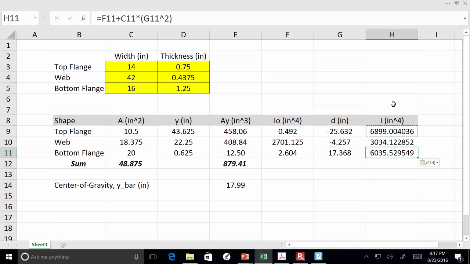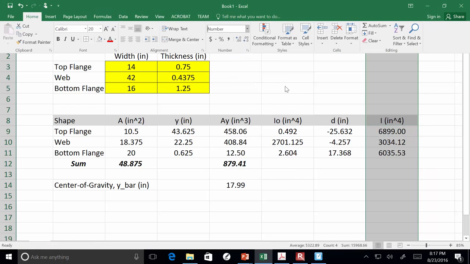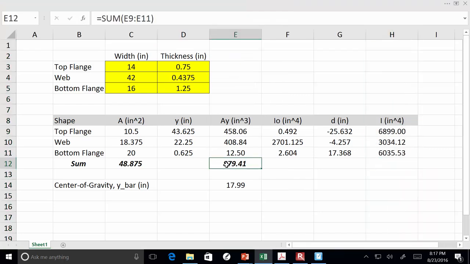Copy that down and round that up a little bit because that's getting a little out of hand. Sum that up, and there you go. There's your moment of inertia. 15,969 or so. And that's all she wrote. Sound good? It's not bad, is it? Pretty straightforward, isn't it? All right.